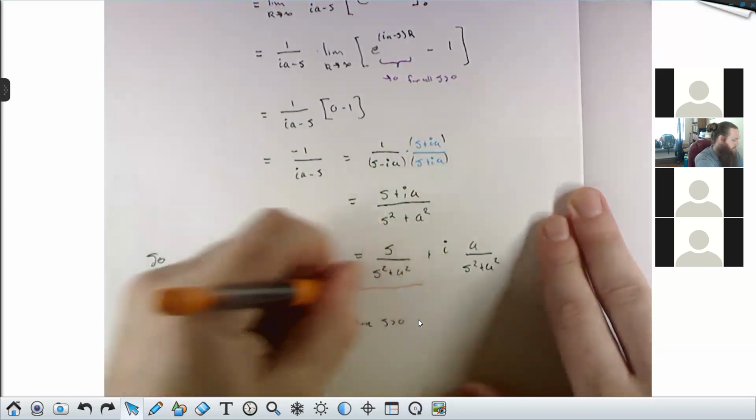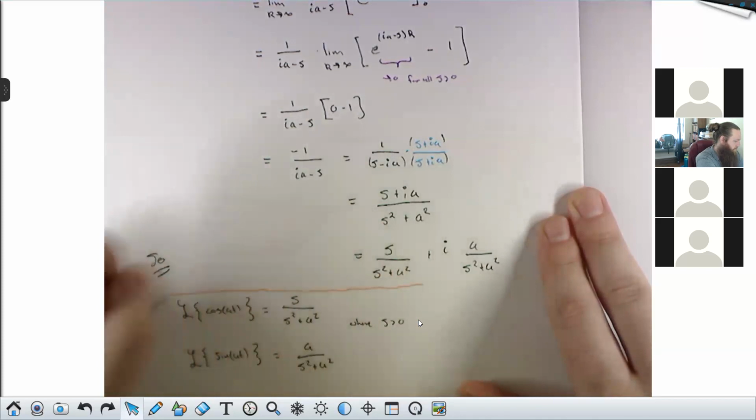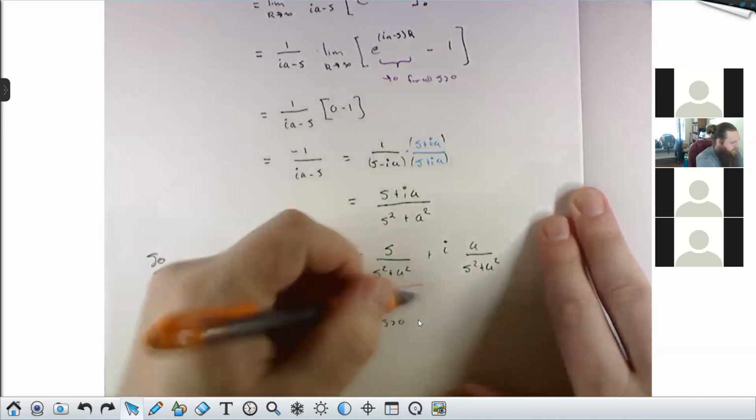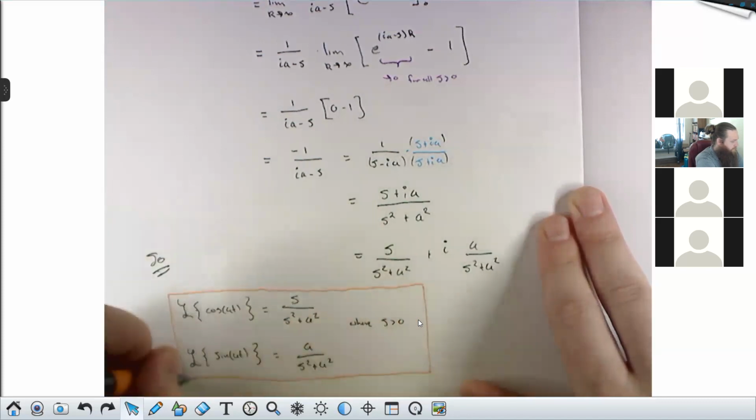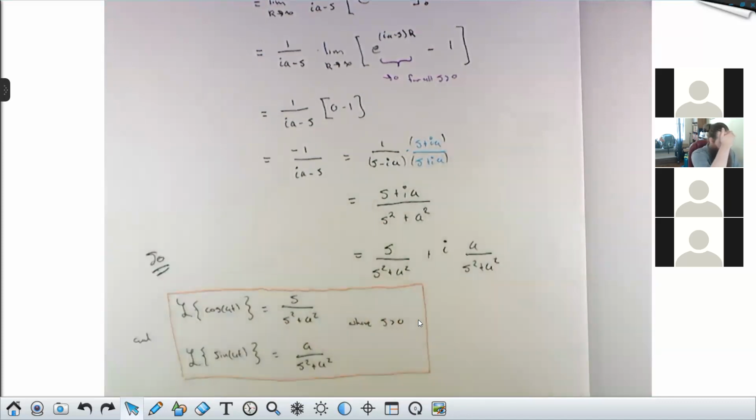All right. So you know how to take Laplace transforms of sines and cosines, regular real exponentials, any polynomial, and any linear combination of those sorts of functions. Well, that's pretty much all the stuff we see in this class.